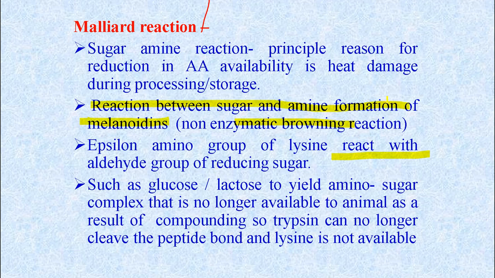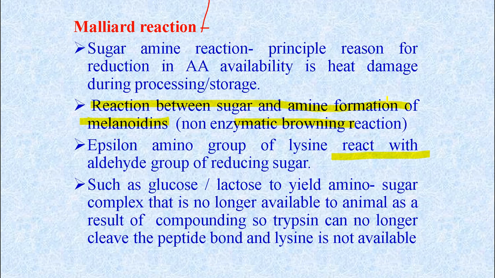This happens in the rumen of the animal. So ultimately, the products produced are from glucose or lactose, which yield the final amino acids. So the exogenous type of protein cannot be directly considered as the feed source of the animal.